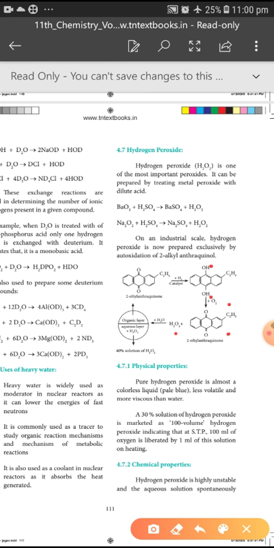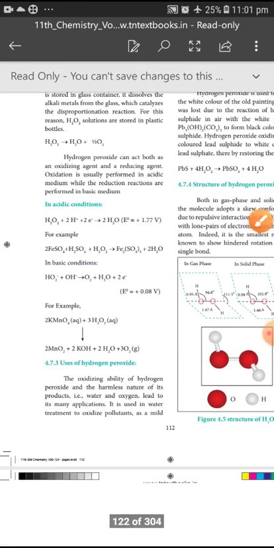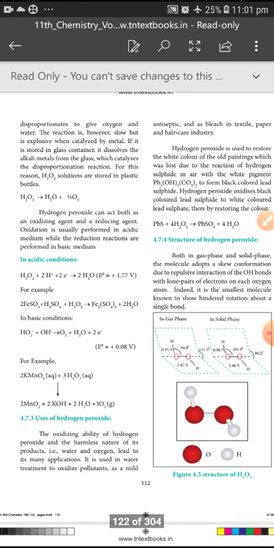Next, let us learn the chemical properties. Hydrogen peroxide is highly unstable, so it easily dissociates. The aqueous solution disproportionates to give oxygen and water.